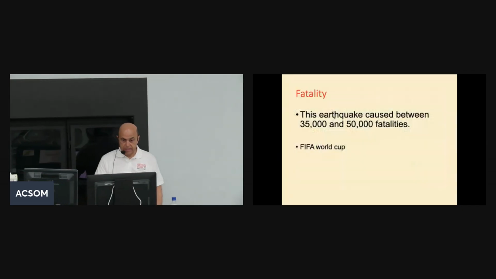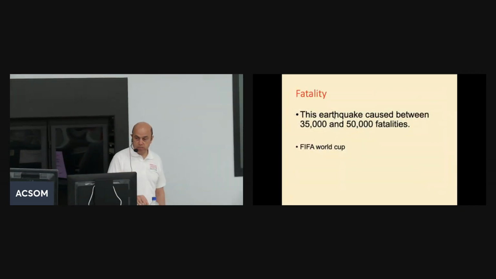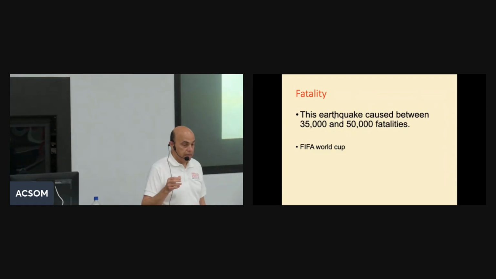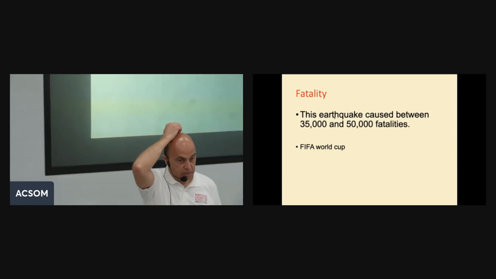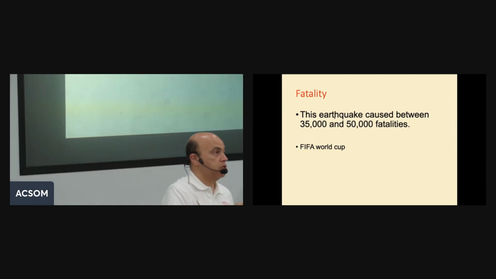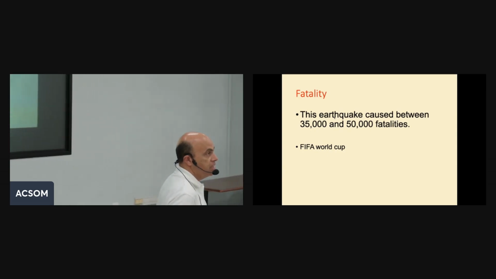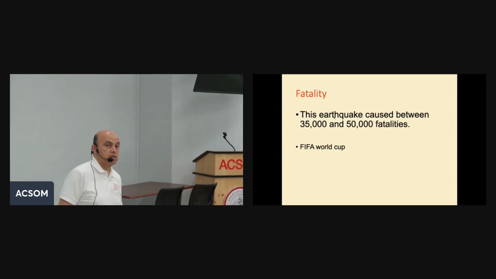And in that earthquake, the fatality was around 50,000 people. But the good thing at that time was that it coincided with the World Cup, and I remember it was Brazil against another team, and everybody was up, although it was 1 a.m. local time.